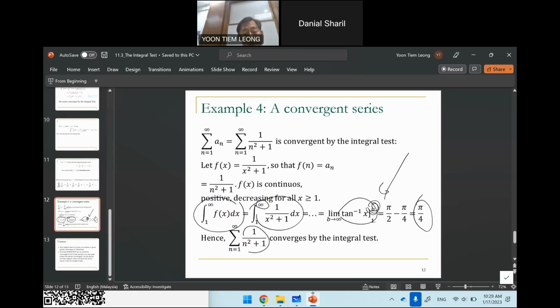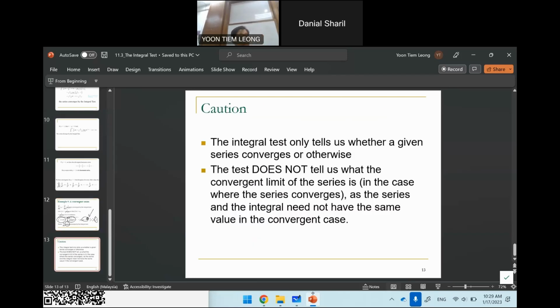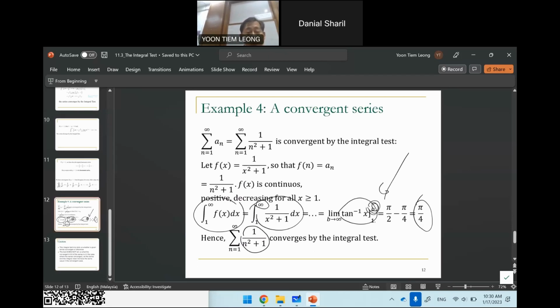Therefore, you say this series converges. Now, it's a very important idea that you have to understand. The integral test only tests for convergence. It does not really tell you the value of convergence of a series. So it doesn't mean that because the integral converges to pi over 4, this series also converges to pi over 4.